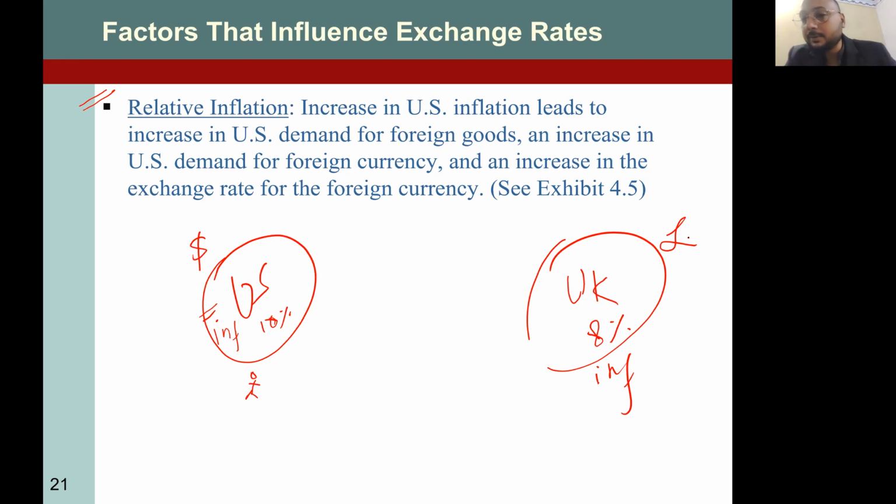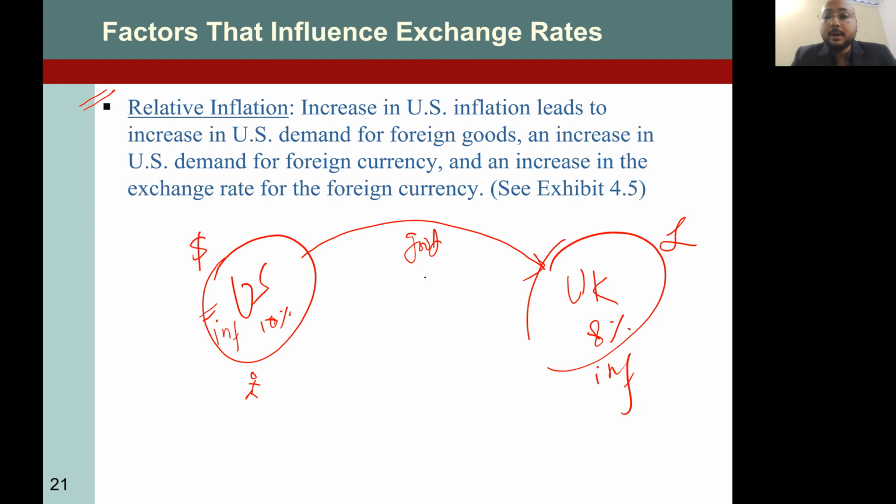That will be more meaningful for our coming slide so that you can understand. When US Americans have more money, buying UK goods is cheaper to them. It feels cheaper to buy imported goods. They can afford imported goods because they have more money supply.